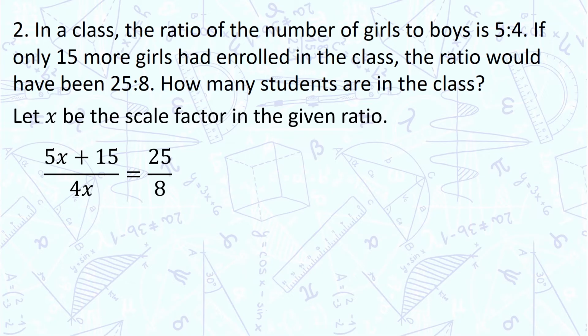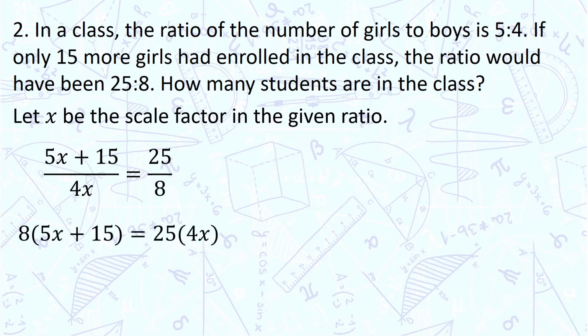When you have a single fraction on the left-hand side and the right-hand side of the equation, you can simply cross-multiply. Or we say we multiply both sides of the equation by the LCD, or the least common multiple of the denominators.